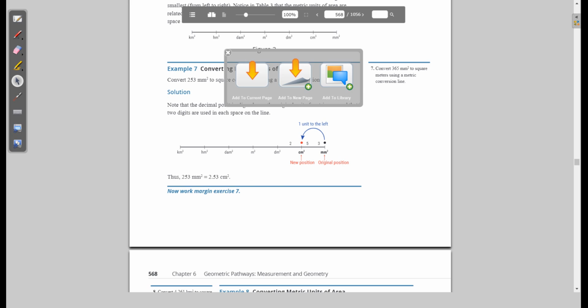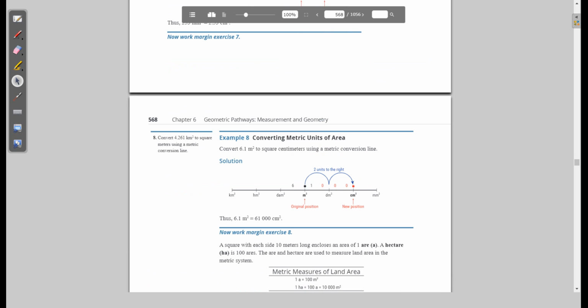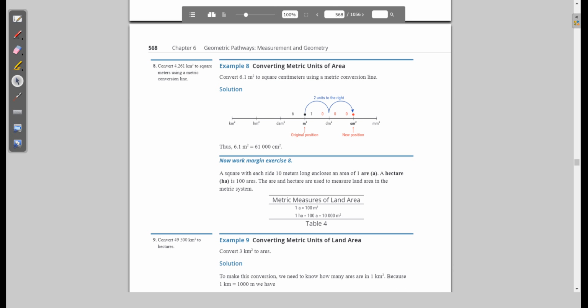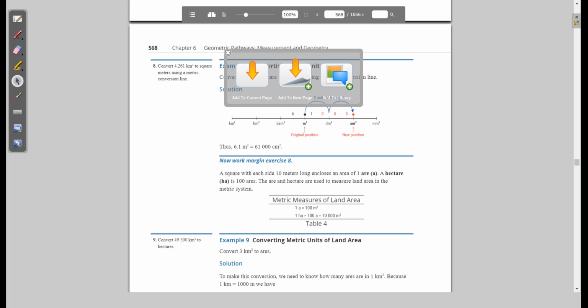Let's see if example 8 has much the same, so we can put both on the same page. Yeah, much the same here.